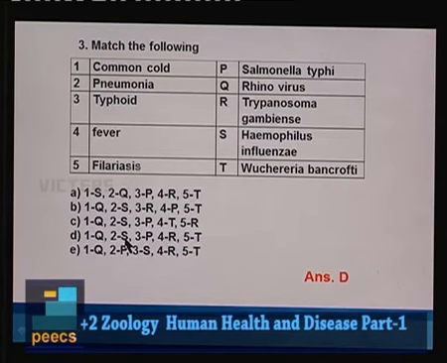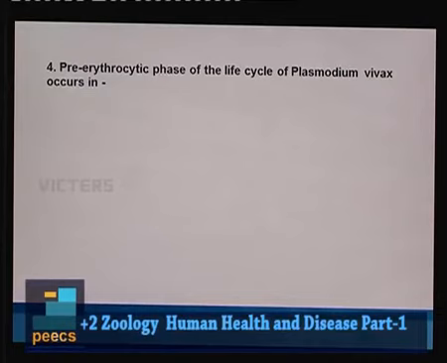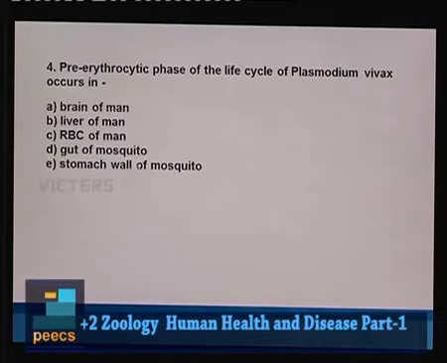Now, coming to question number 4: the pre-erythrocytic phase of the life cycle of Plasmodium vivax occurs in... Do you know what the pre-erythrocytic cycle is? The pre-erythrocytic cycle happens before the parasite enters into RBC.